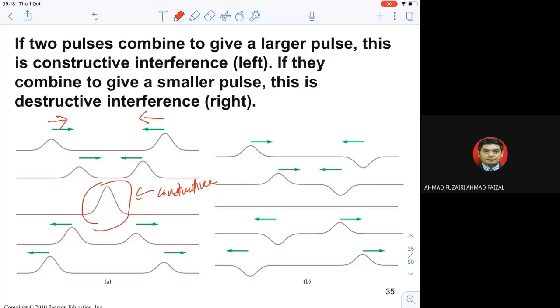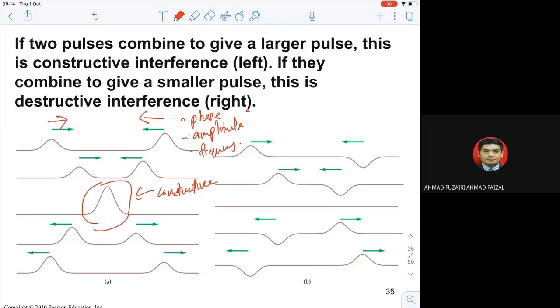However, in order to get constructive interference, there are some conditions to follow, like same amplitude, same phase, and frequency.